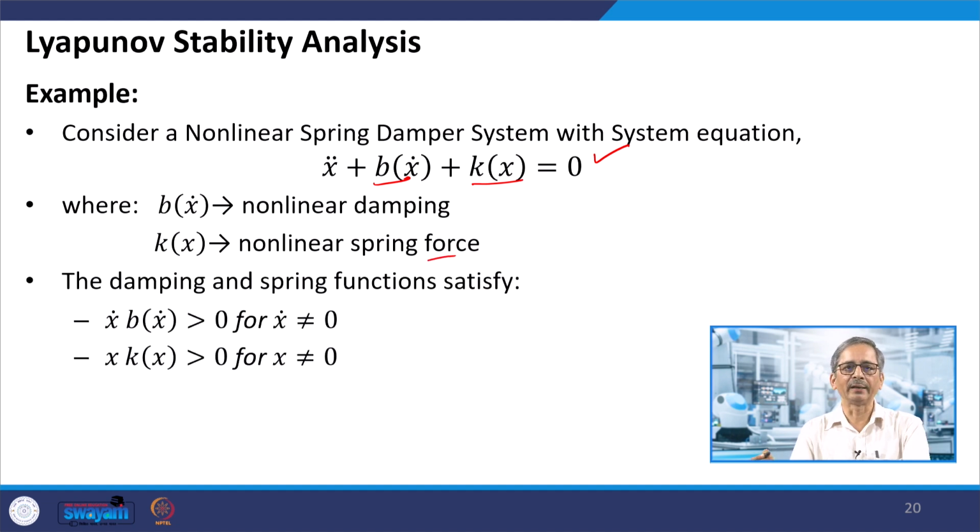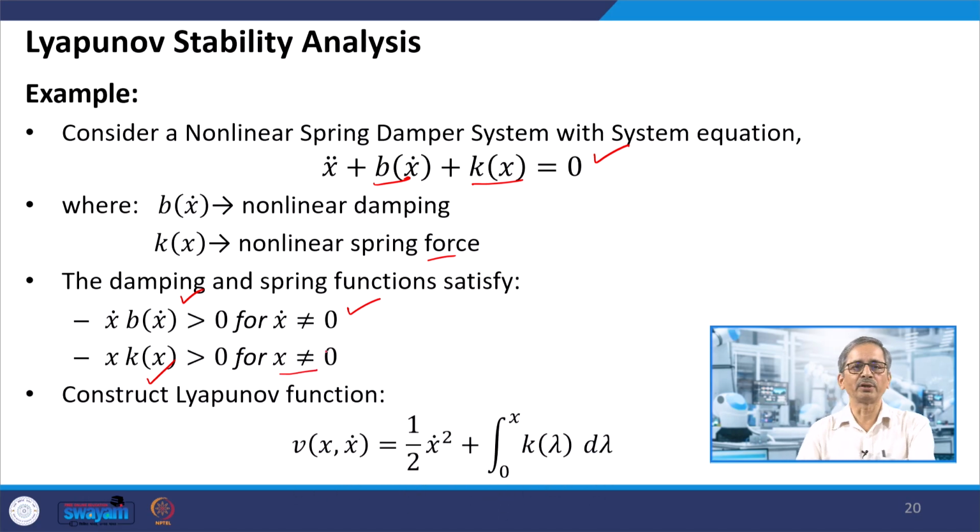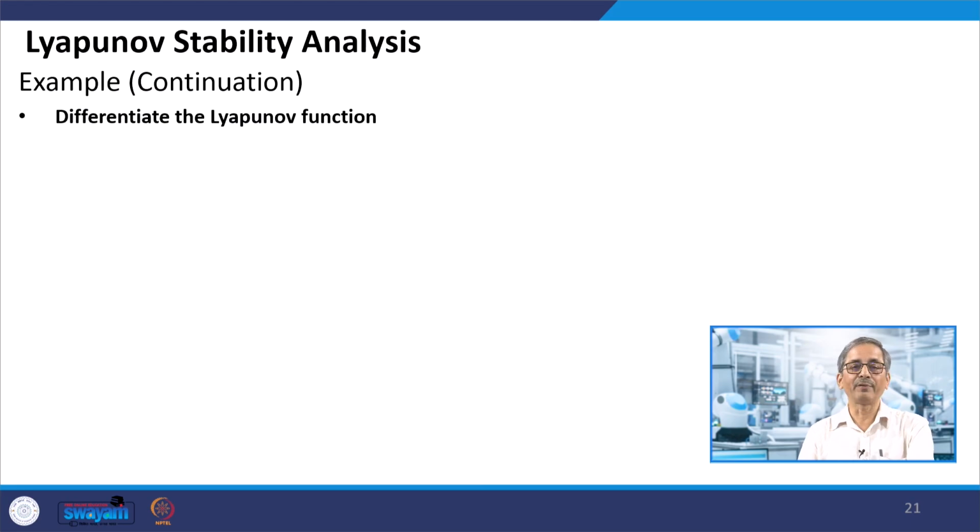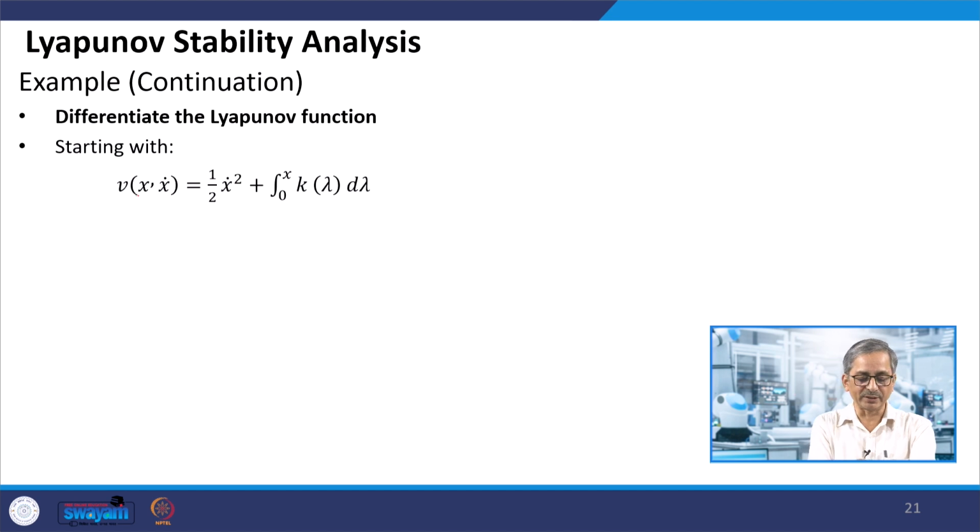And the damping and spring force satisfy this condition, that is they are greater than 0, this one for x dot not equal to 0 and this one for x not equal to 0. So, we can construct a Lyapunov function something like this, half x dot square plus integral of say k lambda d lambda, and so we can differentiate the Lyapunov function.